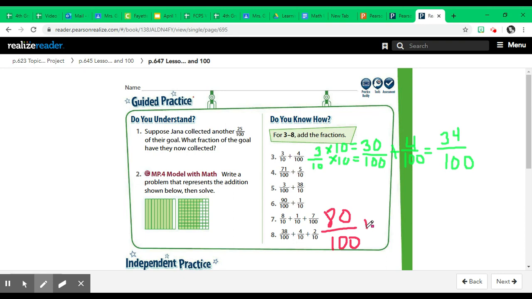So we're going to have 80 100ths plus 10 100ths plus 7/100. All you are doing is converting those over so that they have the same denominator. I know 80 plus 10 is 90, plus 7 more is 97.